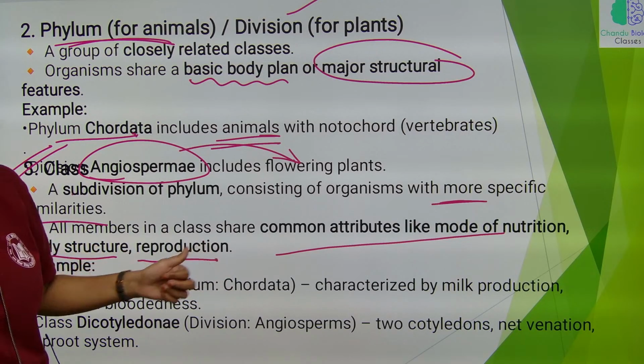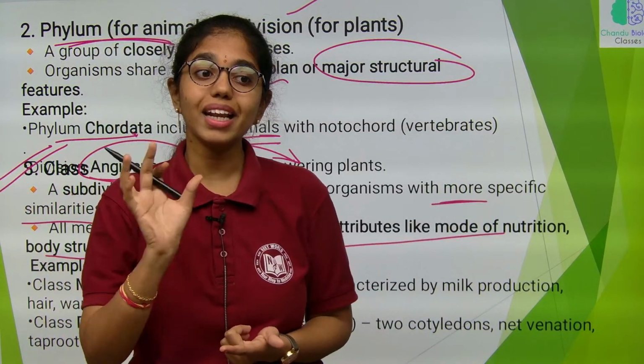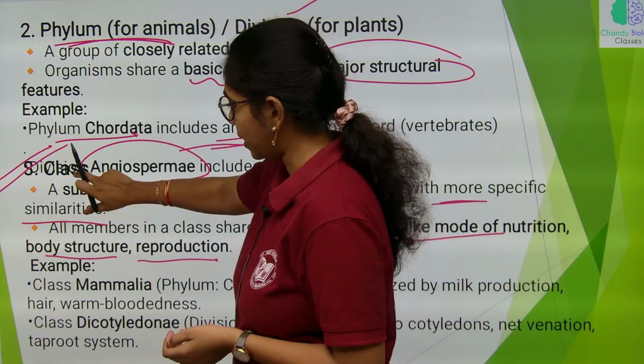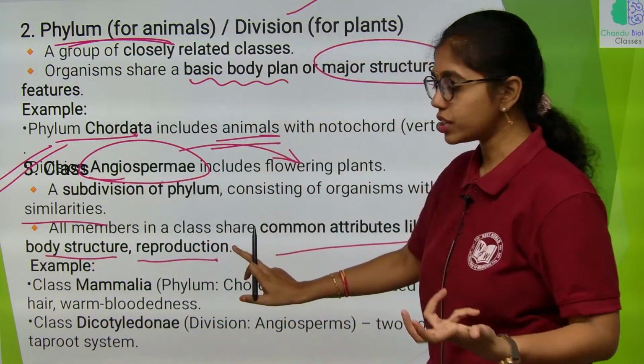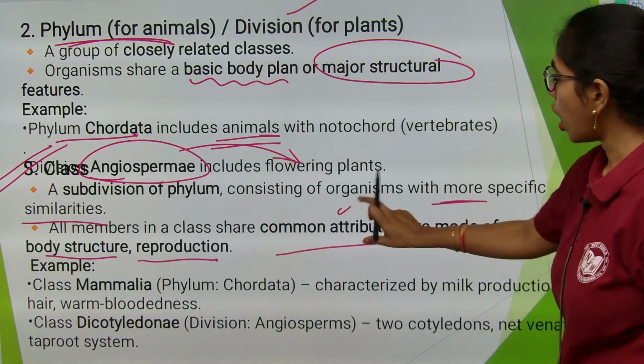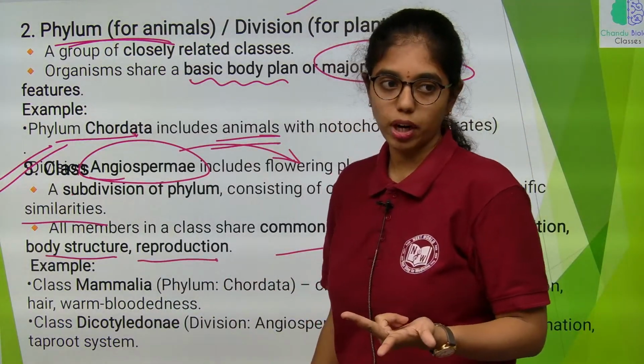Here with respect to each and every taxon, we have to remember what are the similar characters it is sharing. For example, if we consider class, what are the common features that all the members in the same class have? Common attributes like mode of nutrition, body structure and reproduction.